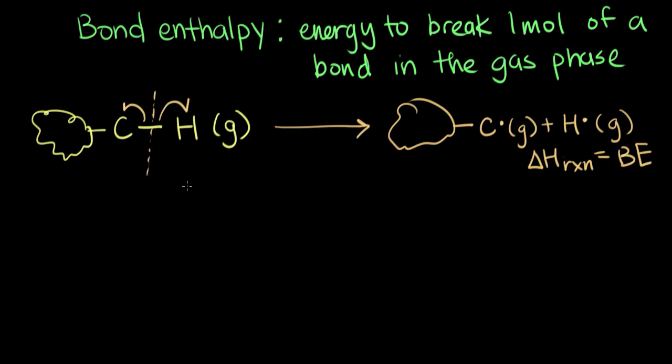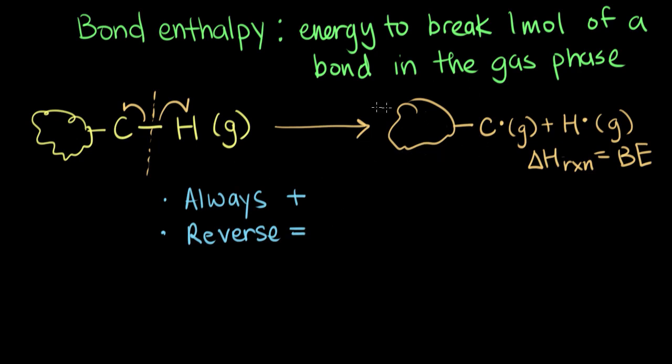Some important things to remember about bond enthalpy are that bond enthalpy is always positive. It's always going to take energy. You're always going to have to add energy to break a bond. Another way to think about this is to flip this reaction.